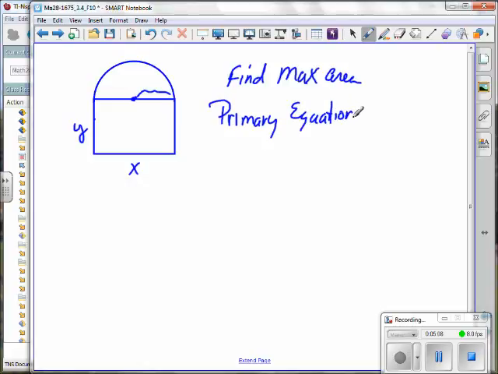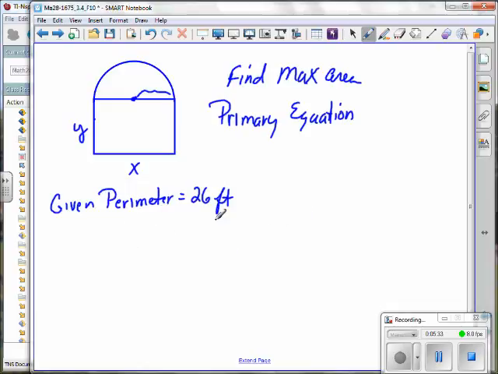Oh, by the way, it gives some other information, doesn't it? What else does it tell us, Zach? That the perimeter equals 26. Feet? Sure. Inches? Does it matter? That's the builder of the house. Yeah, probably feet, right?